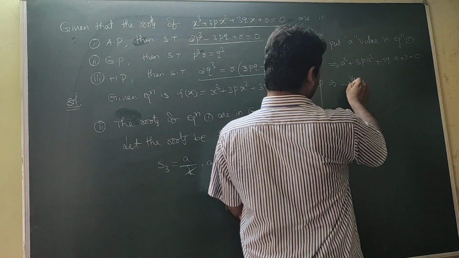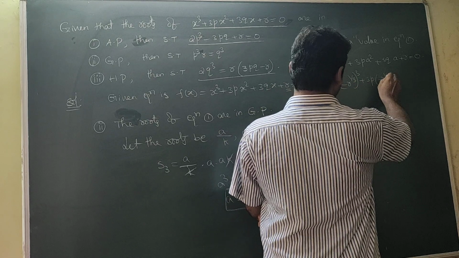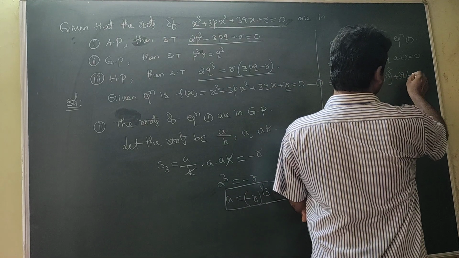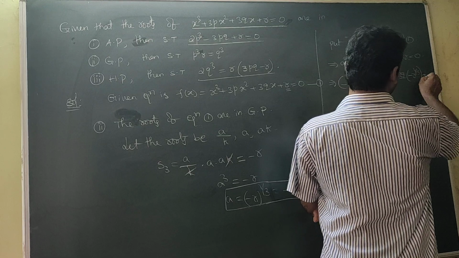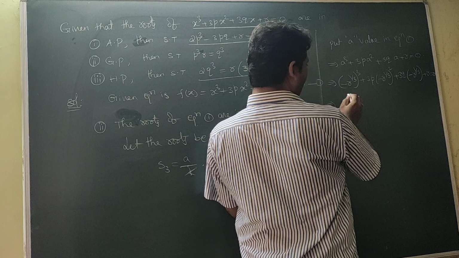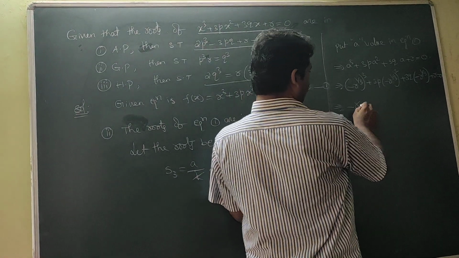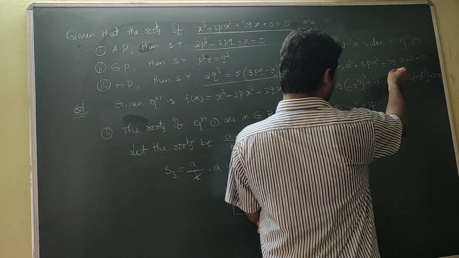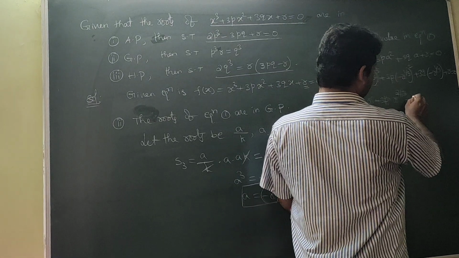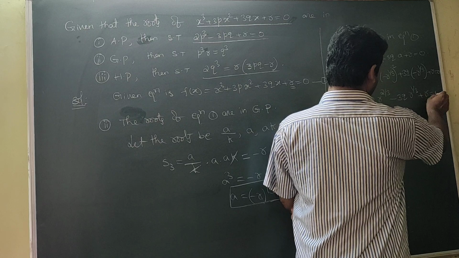Minus r power 1 by 3 whole cube plus 3p into minus r power 1 by 3 whole square plus 3q into minus r power 1 by 3 plus r equal to 0. What does this imply? Minus r plus 3p into r power 2 by 3 minus 3q into r power 1 by 3 plus r equal to 0.